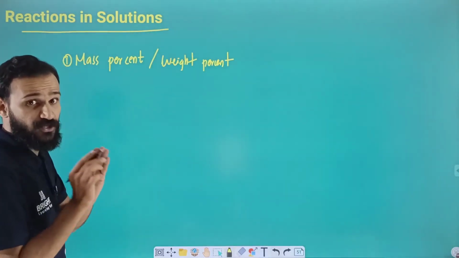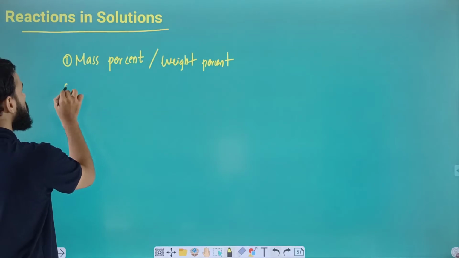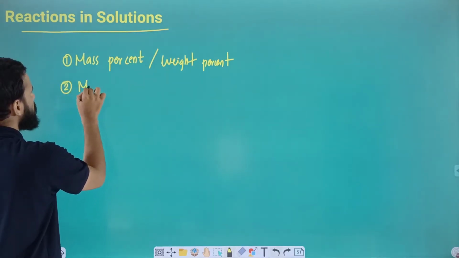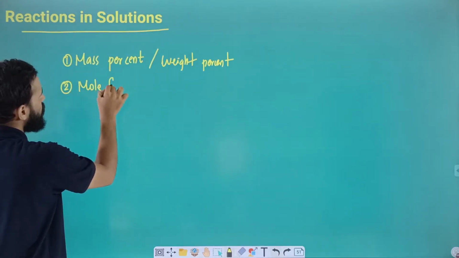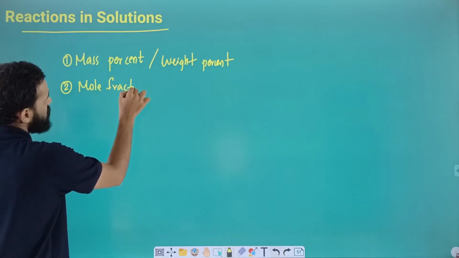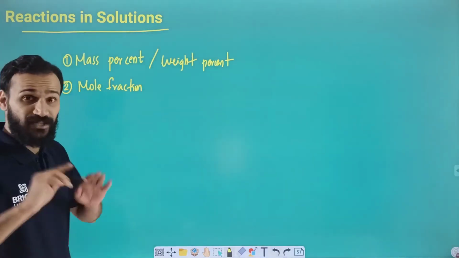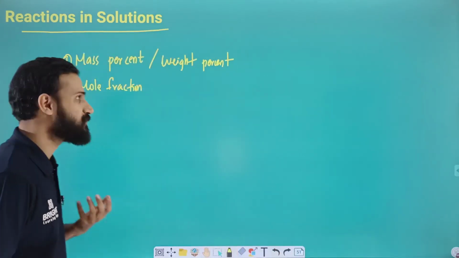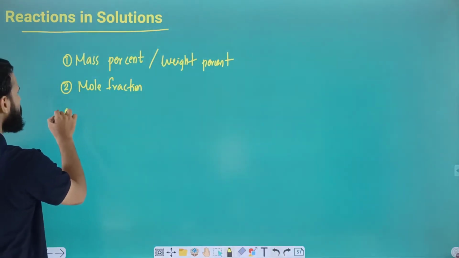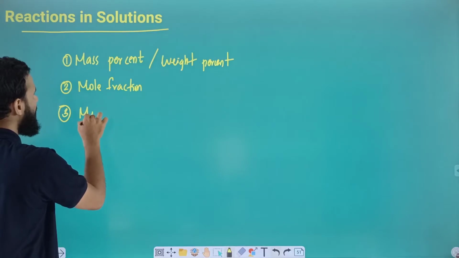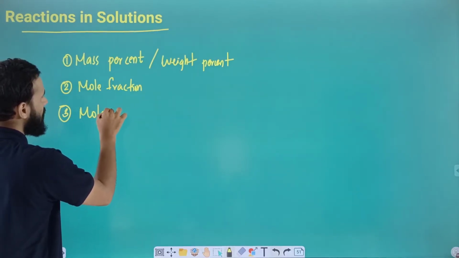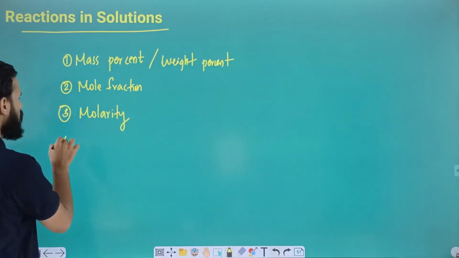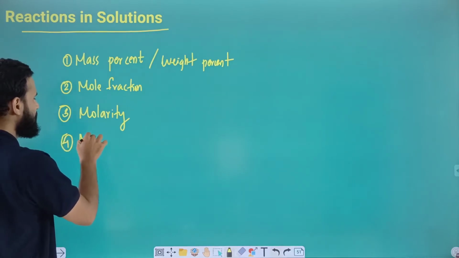This is the first term we can use to represent concentration, and the second one is very simple, that is mole fraction. Another important term we use to represent the concentration of a solution. The third term is molarity, and the fourth one is molality.